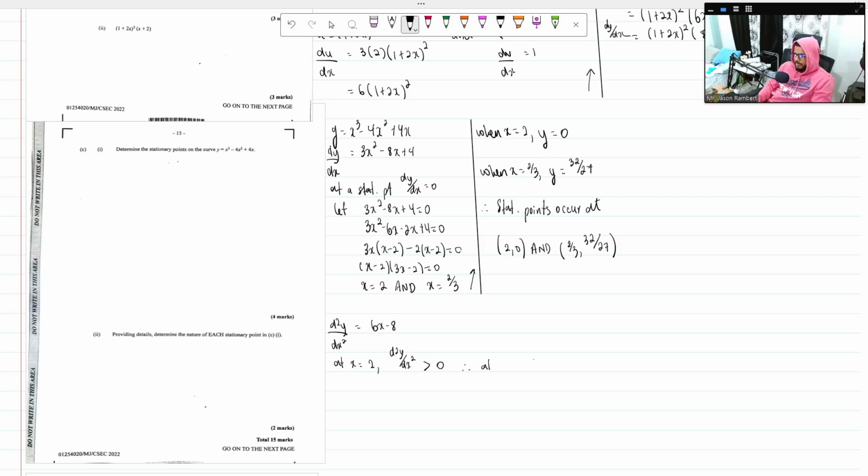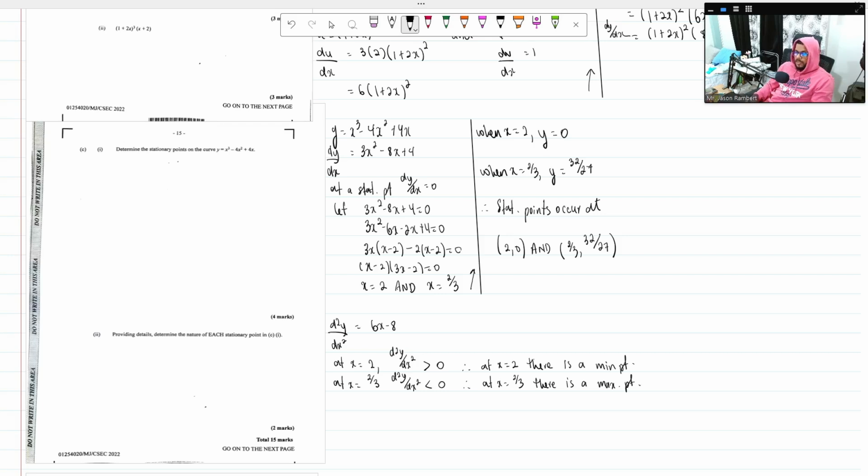Therefore, at x is equal to 2, there is a minimum point. At x is equal to 2/3, d2y over dx squared is less than 0. Therefore, at x is equal to 2/3, there is a maximum point.